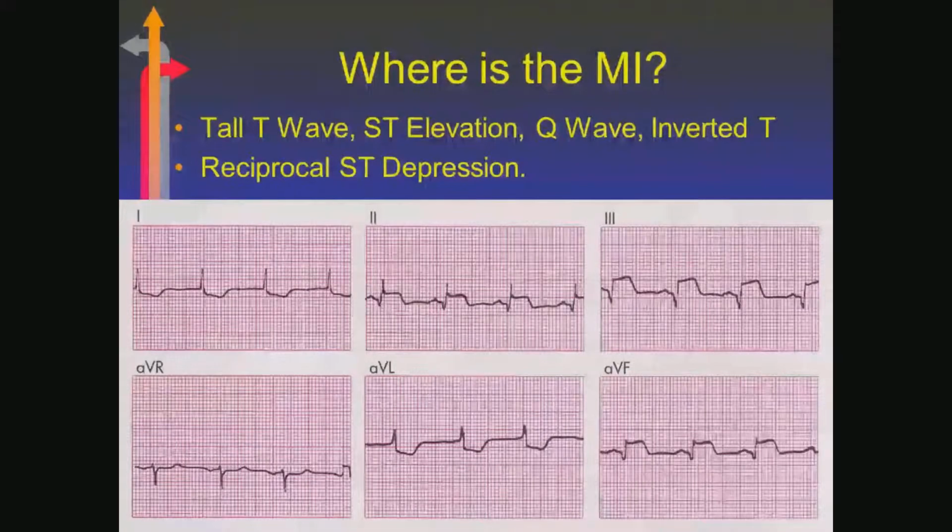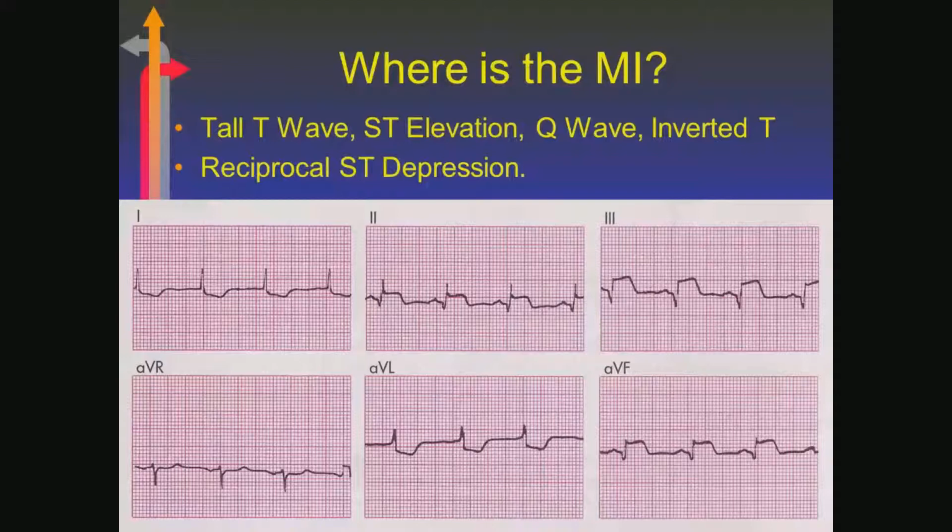So if I look at this, I see changes where? Where do I see ST elevation and development of a Q wave? And if I see 2, what should I look at next? AVF, and 3. And all 3 of them have changes, ST elevation. Now notice that there's a depression in AVL.